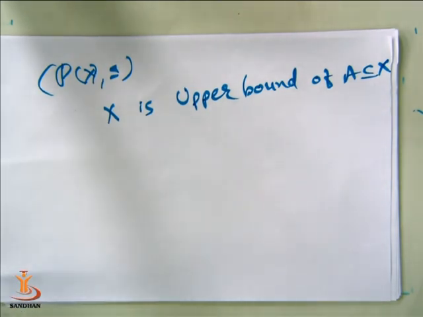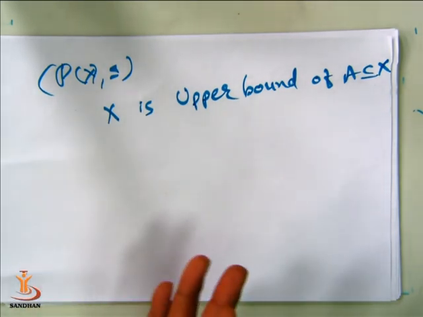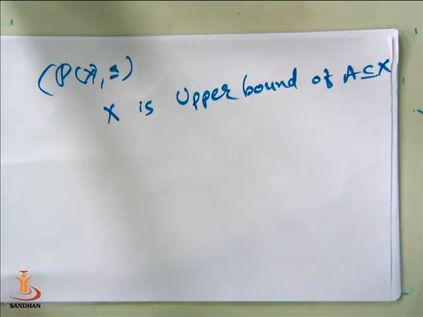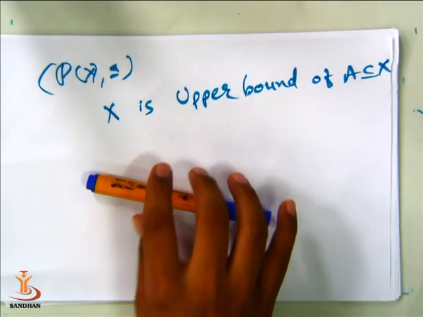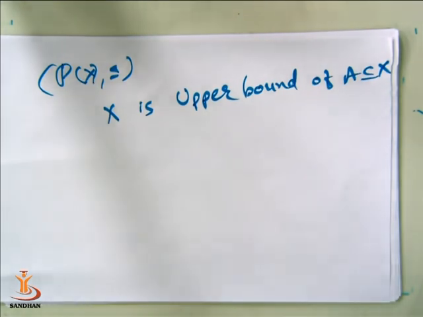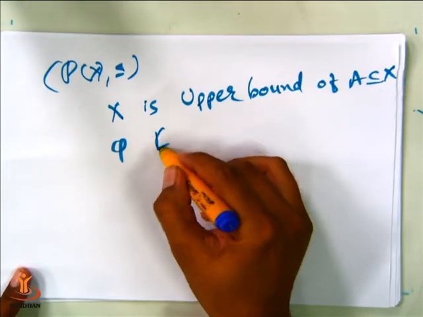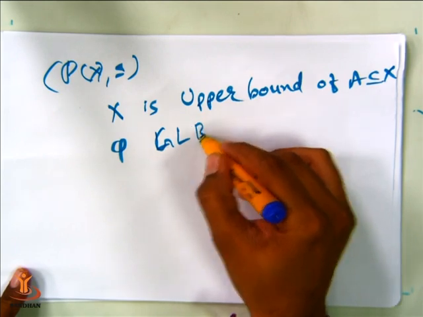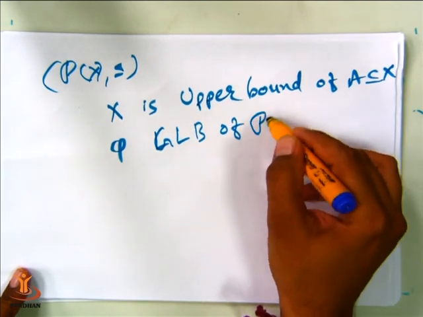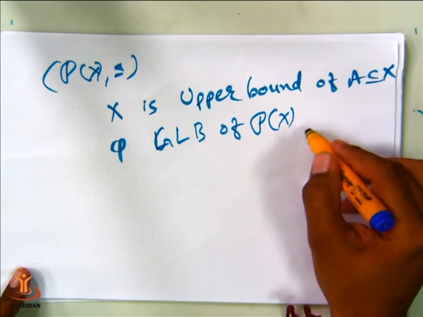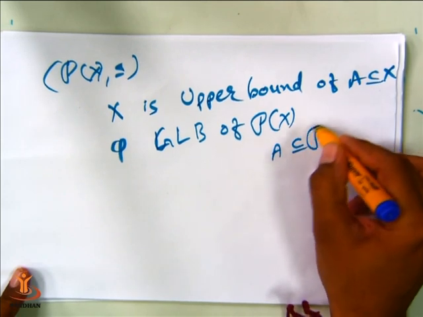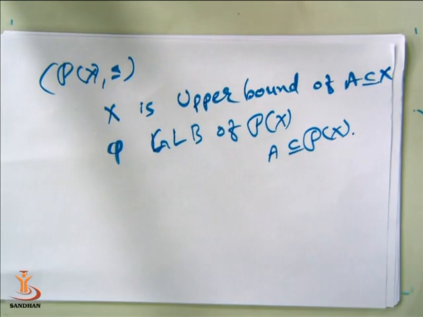That means X is the least among upper bounds. So here X is said to be a least upper bound, and phi is said to be a GLB, greatest lower bound, of the power set of X, or you can say of any subset A of the power set of X. So this is the concept of GLB and LUB.